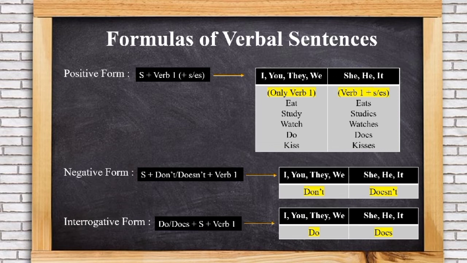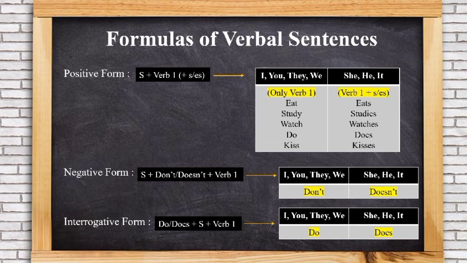If the subject is I, you, they, or we, the verb that used is only verb 1. If the subject is she, he, or it, the verb that used is verb 1 plus s or es.